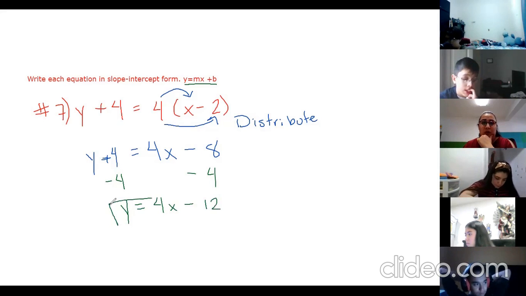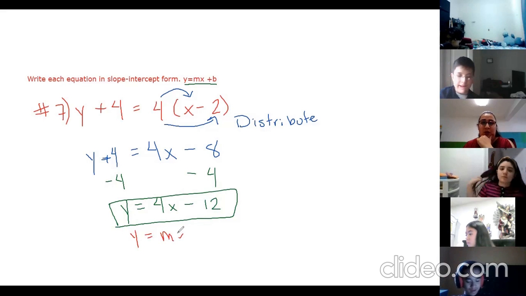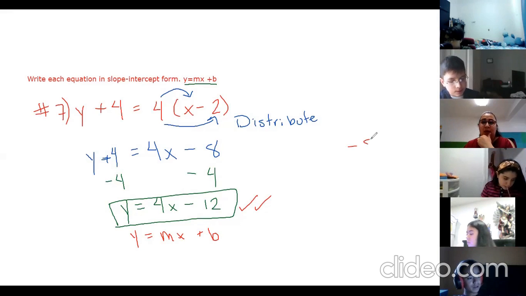Okay. If you notice, this one's a lot easier. We have it now in the form y is equal to mx plus b. Teacher, but why 12 if we are subtracting? Oh, it's negative because negative 8 minus 4 is equal to negative 12.